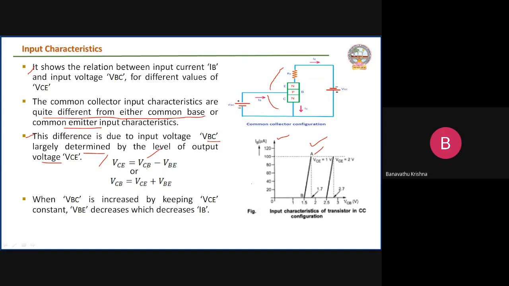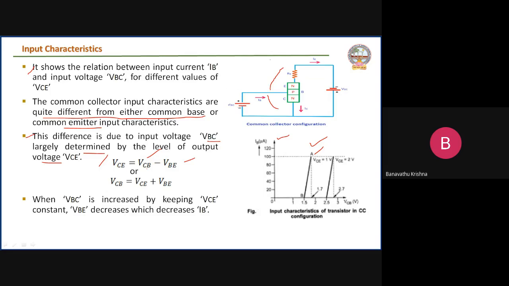So for a drastic change in VCB, the base current is going to decrease.